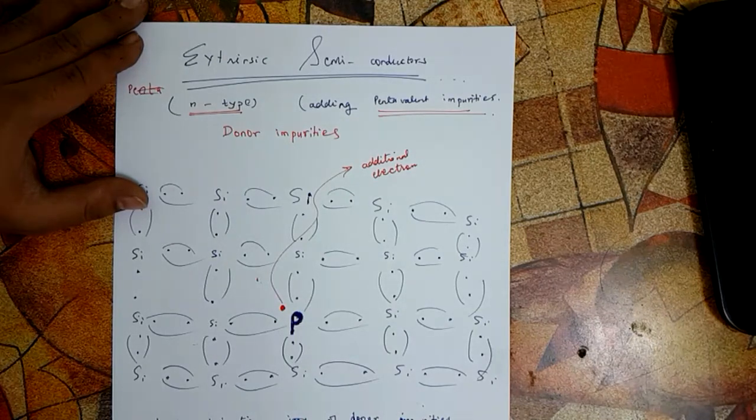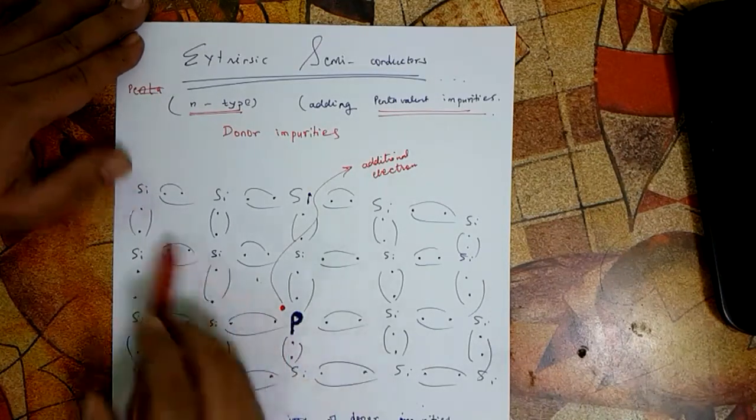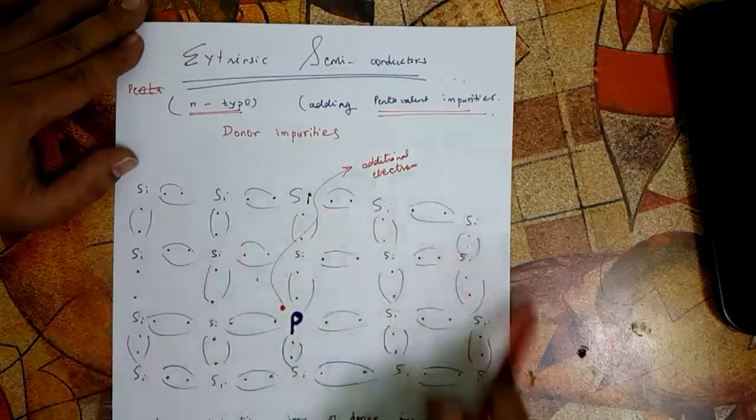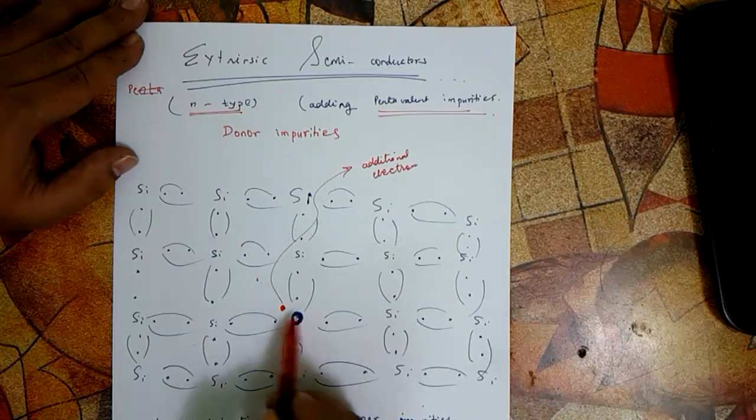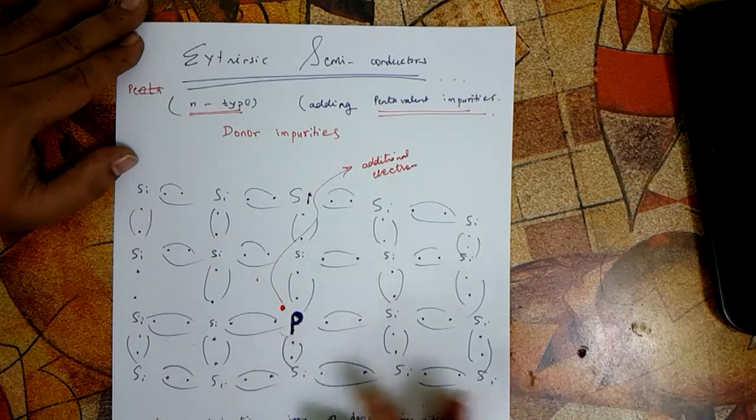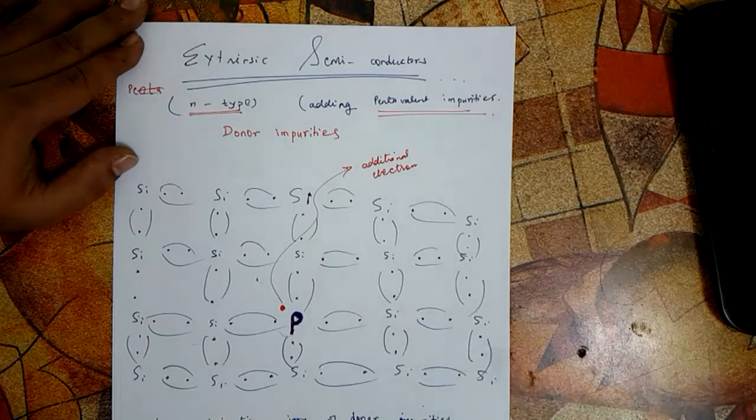Why are they called donor impurities? Well, when we mix these impurities, they dislocate some of the silicon atoms. So if this is, let's say, the silicon mesh 2D representation, one silicon atom is dislocated, and in its place a phosphorus atom has come. Phosphorus is pentavalent, 5 electrons in the last shell.